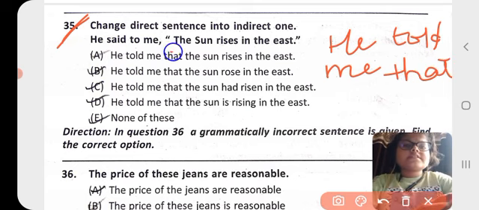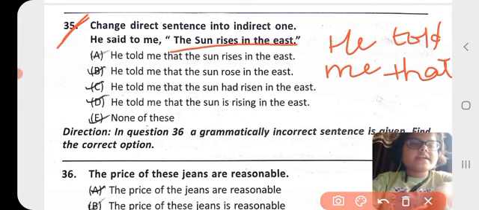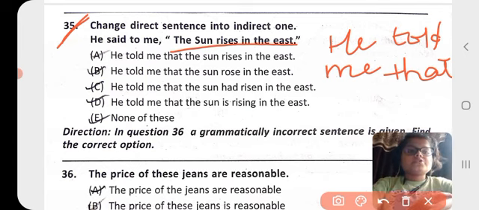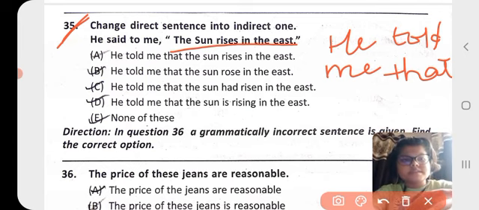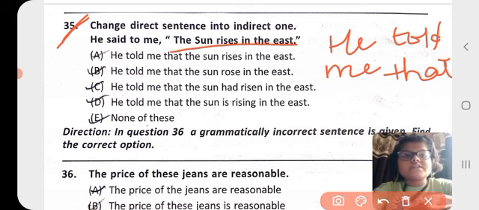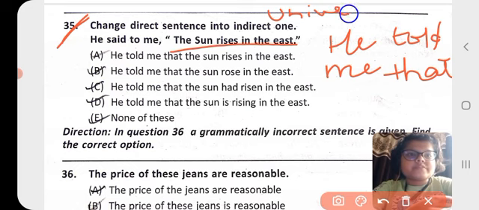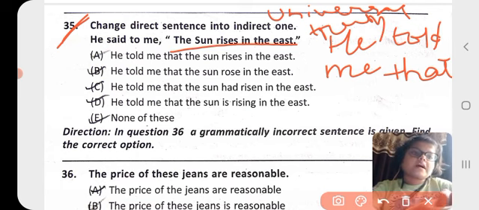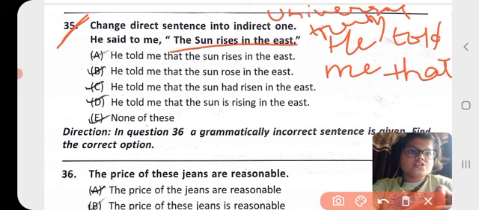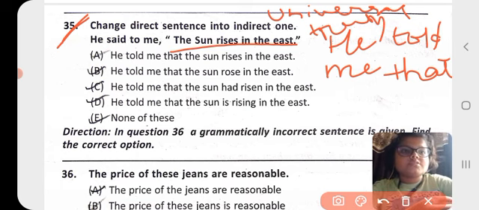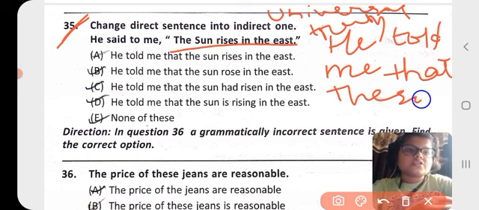Since this statement is in present indefinite, we cannot use the past tense because it is a universal truth. We cannot convert this into past tense, although we have to in other sentences. So we will just continue with the sun.